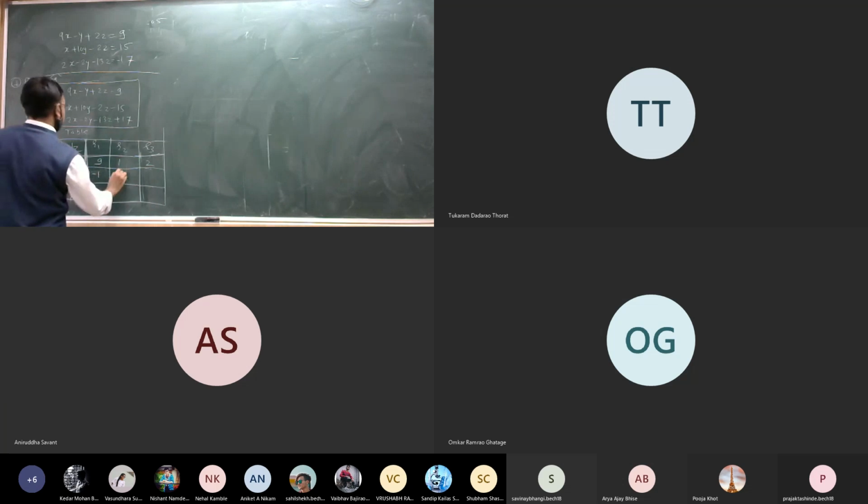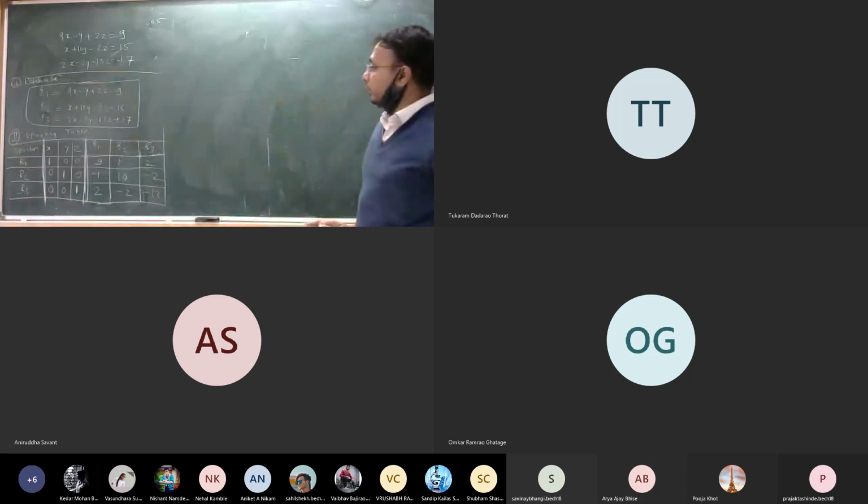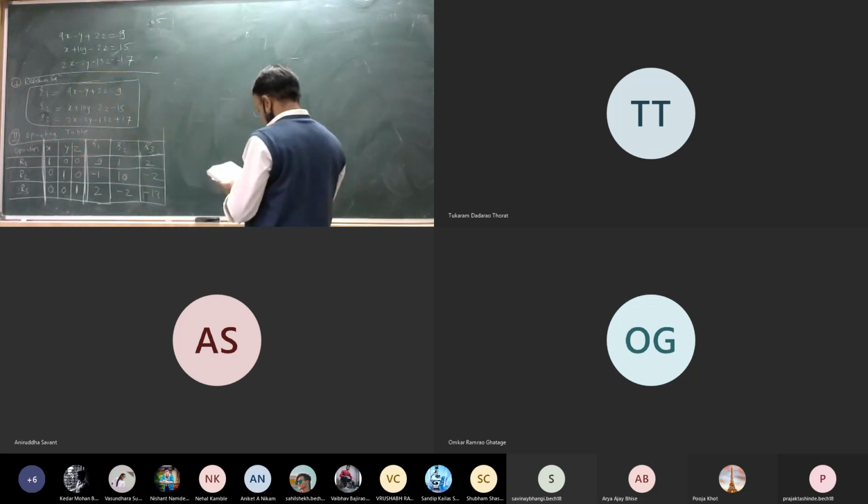So -1 here, 10, and here -2. Here 2, -2, and -30. So this was just writing the operating table. Instead of that, we have added the Rx, Ry, Rz, these three rows.